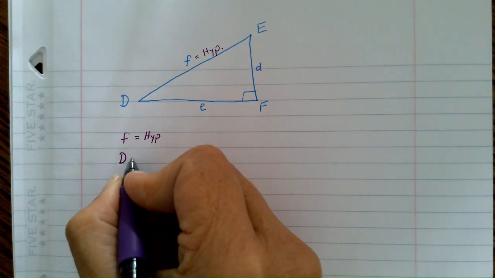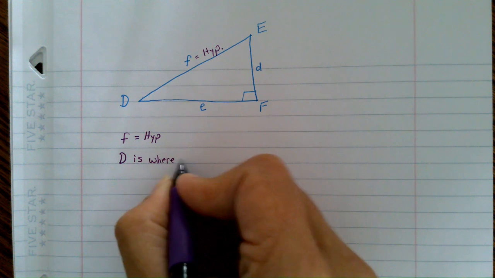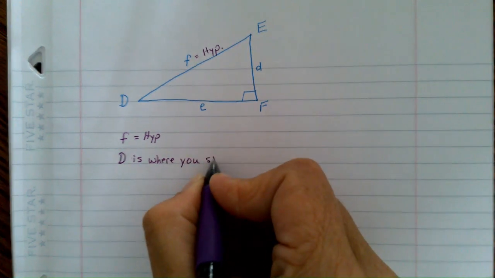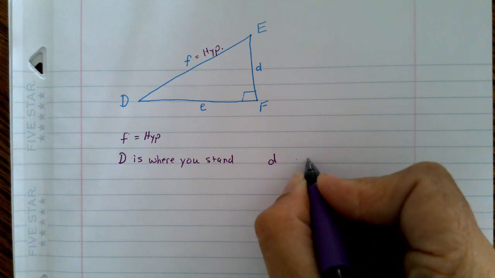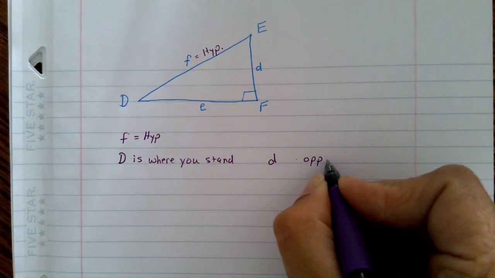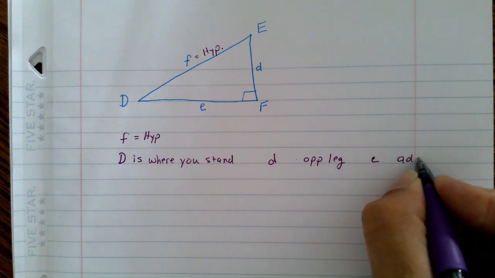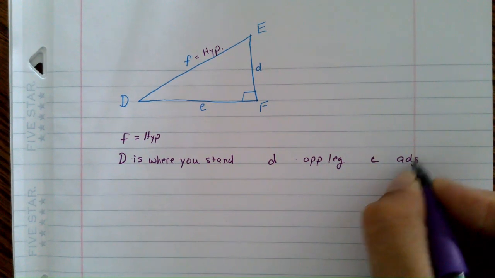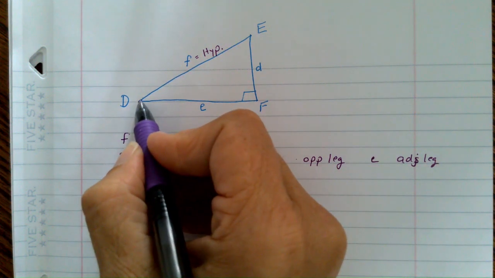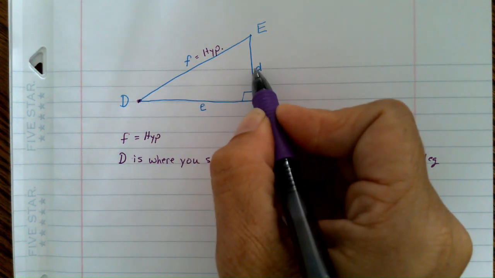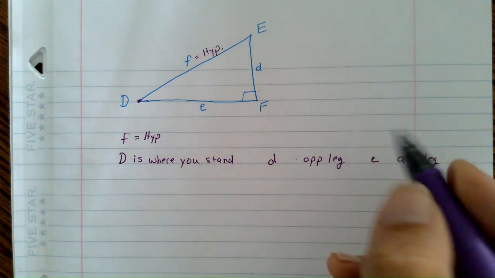If this is where you stand, D is the opposite leg, and E is the adjacent leg. By opposite, I mean we're standing right here. D is all the way across, where we're touching this side E.